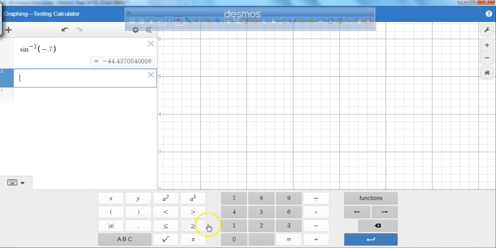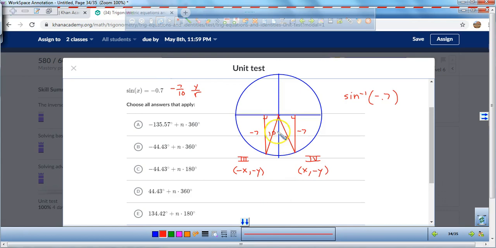All right. But you also have to go a little bit further. So if I do 180, and actually just subtract, let's put minus 44.427, we get 135.57. And that's going to be the other one. So the first one was negative 44.43 degrees.